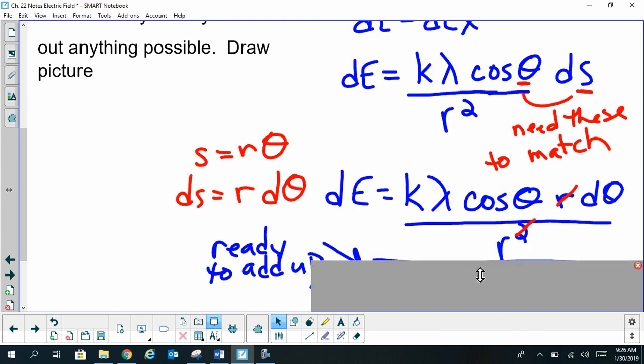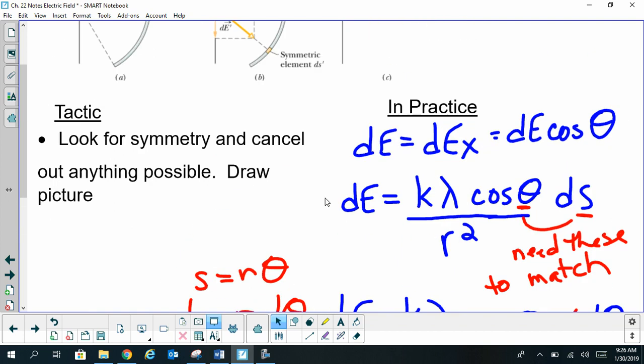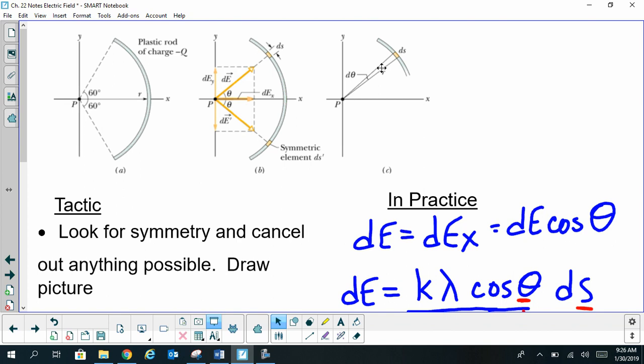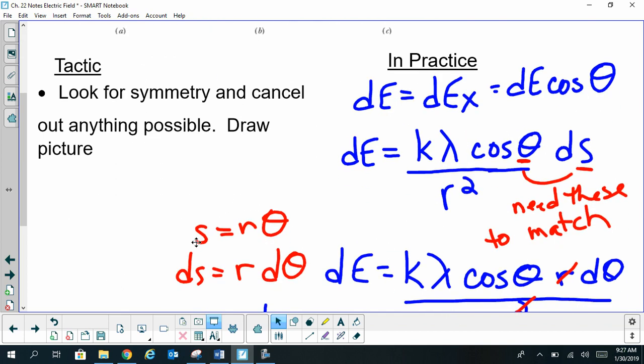Okay, so when I substitute in my idea that my little arc length is equal to my radius times my little theta here, and if you come back up here, you can see that maybe a little bit better, this d theta is just that little bitty teeny arc there, and then our ds is that little bitty teeny length. And so that ratio will be the same for the arc length or the small arc length.